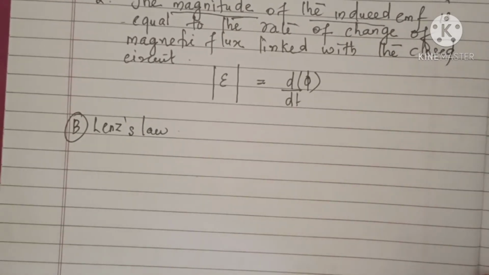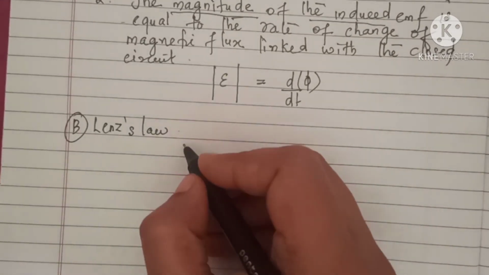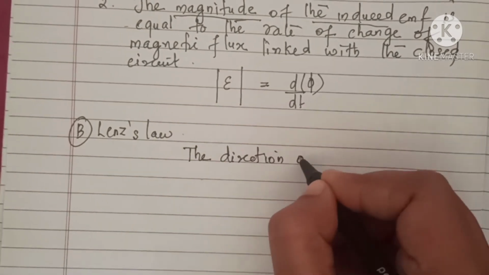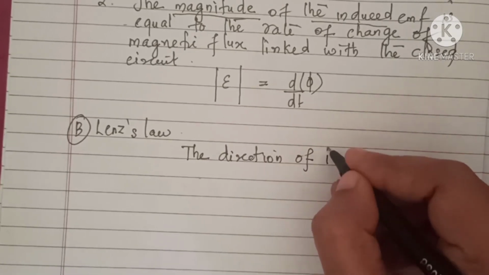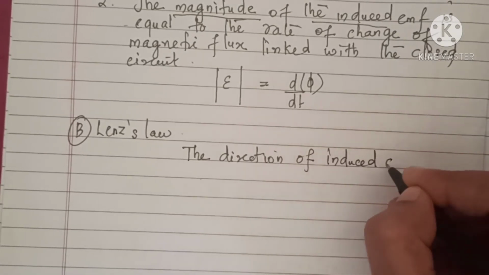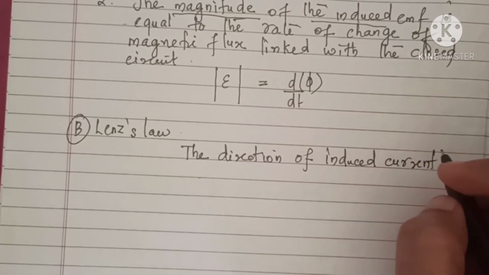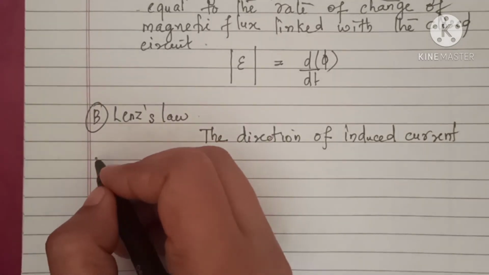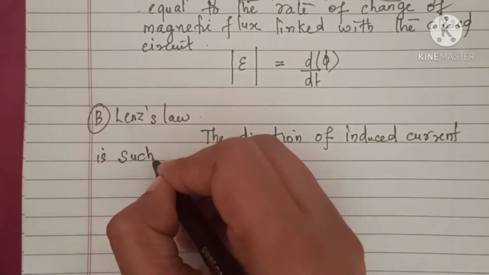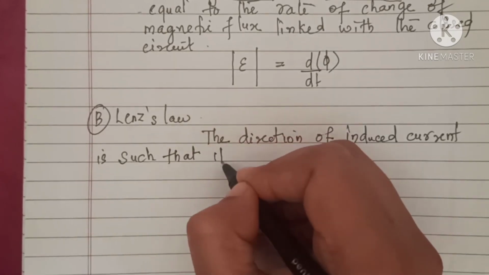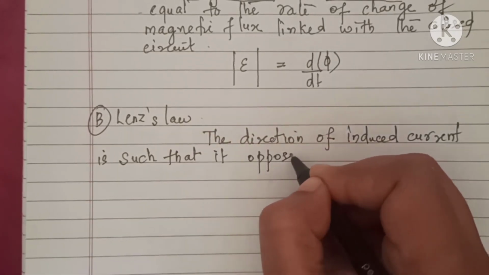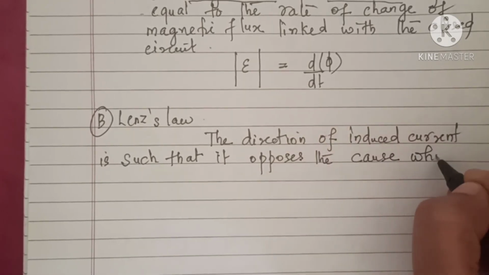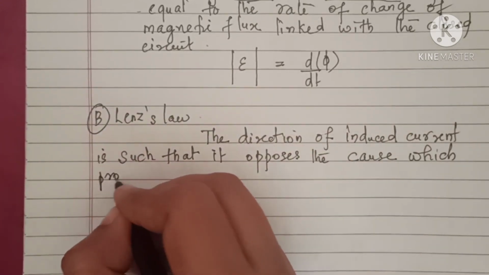This law states that the direction of induced EMF or current is such that it opposes the cause which produces it.